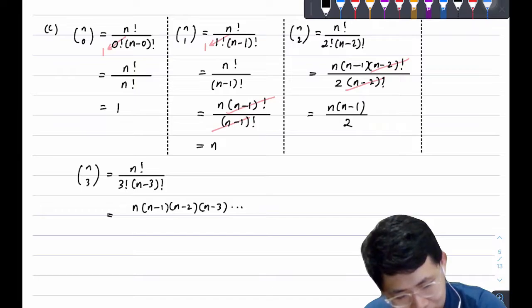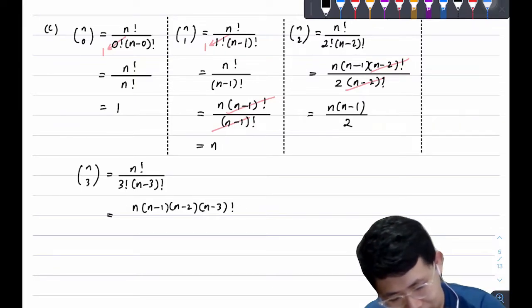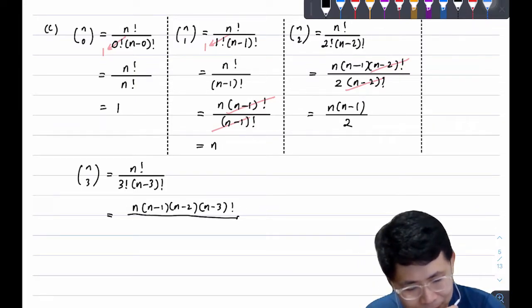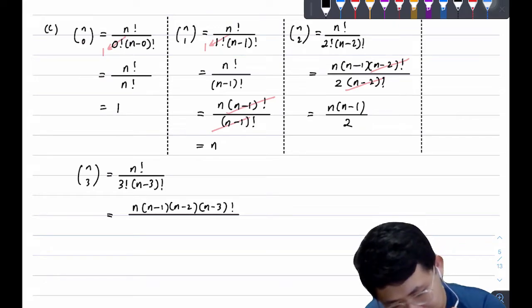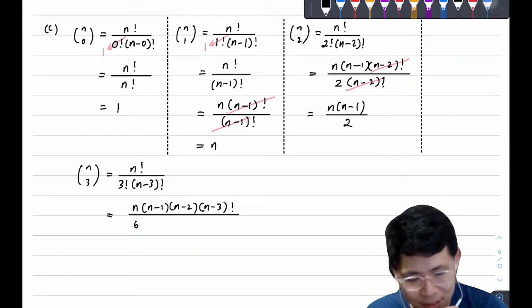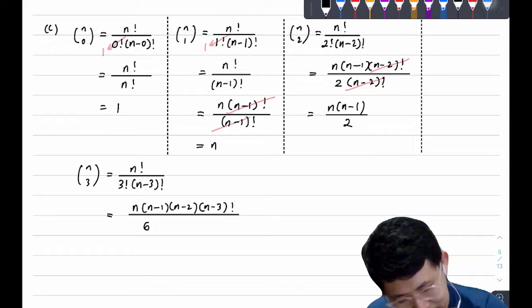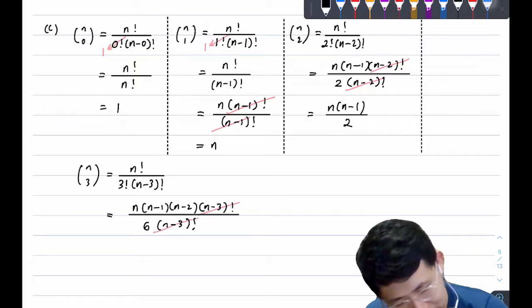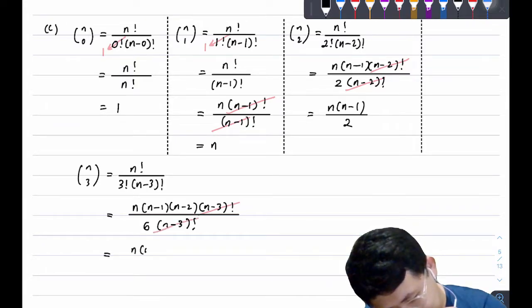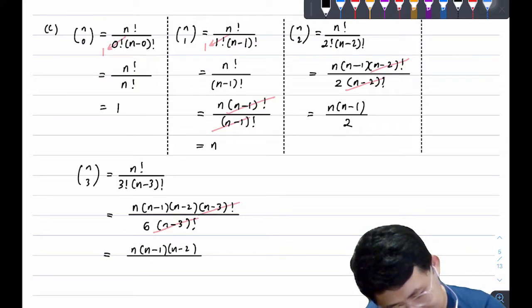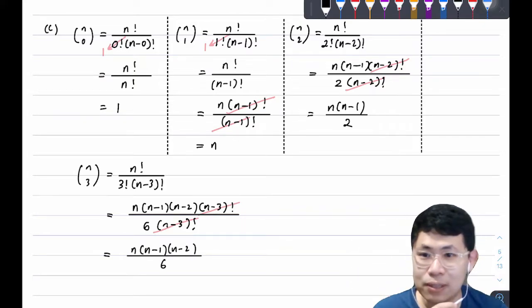But I'm going to stop at n minus 3 and leave the factorial there to represent everything behind. Over 3 factorial is 6, because 3 times 2 gives me 6, and then n minus 3 factorial. So what we need to do is just cancel these two, and we have n times n minus 1 times n minus 2 over 6. So this is n choose 3.